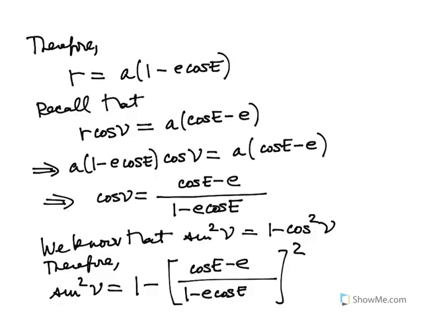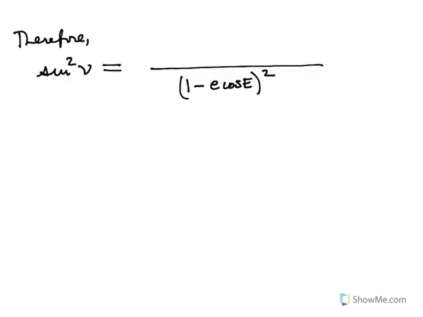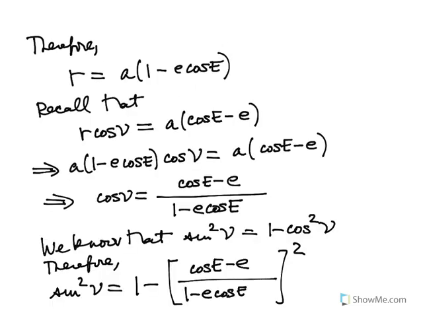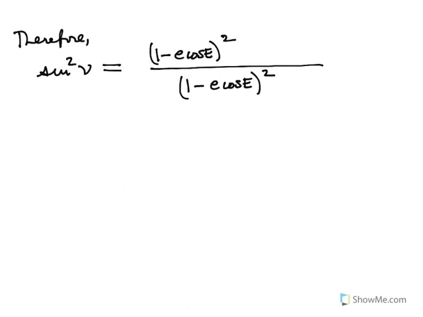And in the numerator, well, since the first term is 1, it's going to be 1 minus e cosine of E squared. And then we've got minus cosine E minus little e squared. So now let's expand out the numerator. Because the denominator is whatever we still have, it doesn't change.